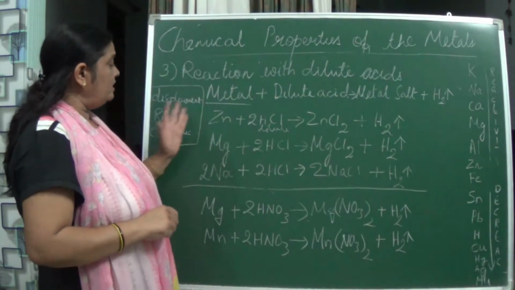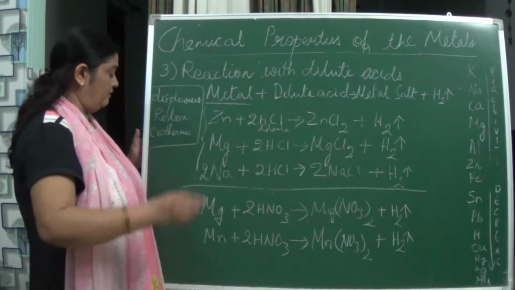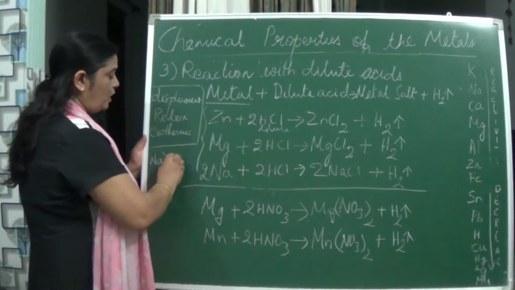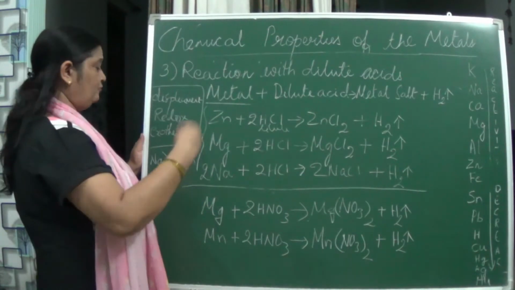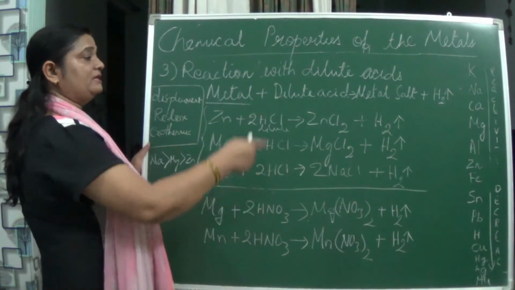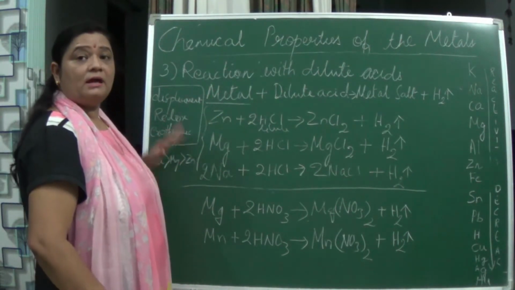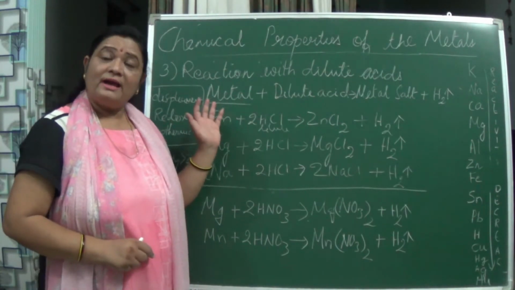Taking only three metals, zinc, magnesium and sodium, which will be more reactive? Sodium, isn't it? And then comes magnesium, and then zinc. Likewise, if aluminium is also given, you can see the reactivity series. Accordingly you can write how vigorous the reaction will be with the dilute acids.